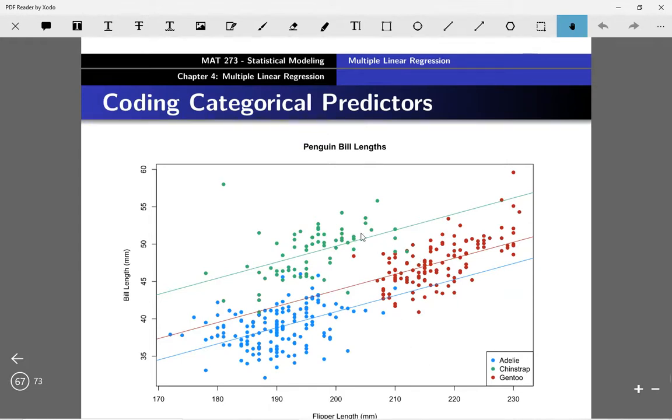And here we can see that the shift is represented by the distance between these estimated regression lines. For example, the difference between Chinstrap and Gentoo looks like maybe 43 versus 38, so maybe about 6 is the vertical distance between Chinstrap and Gentoo.